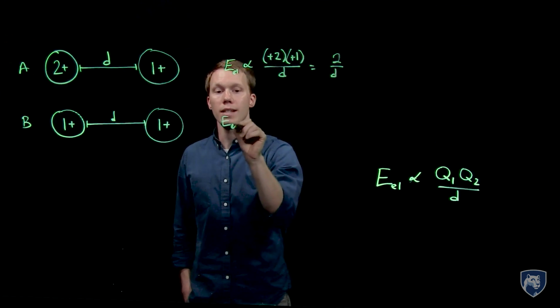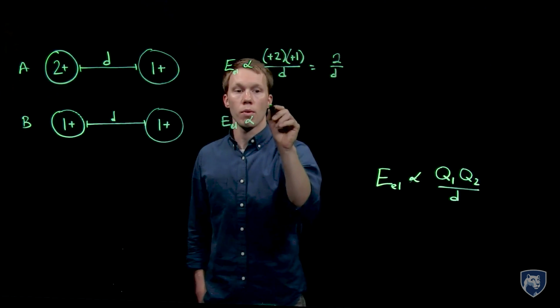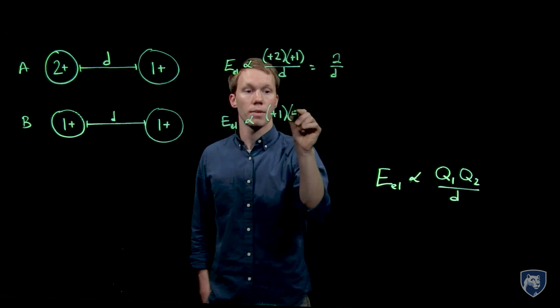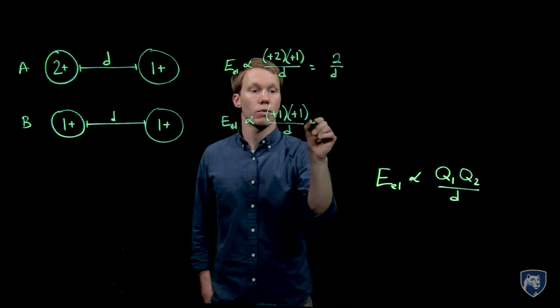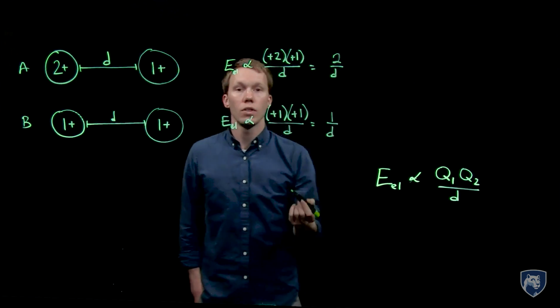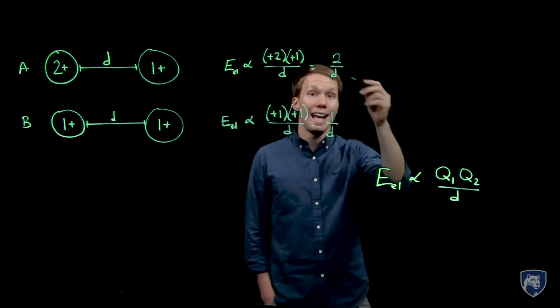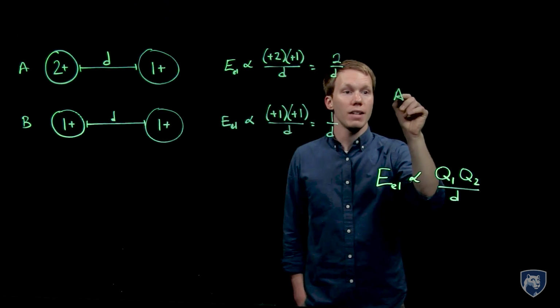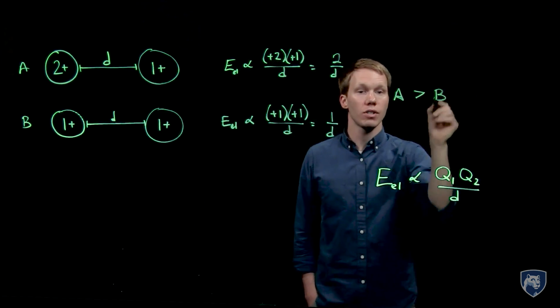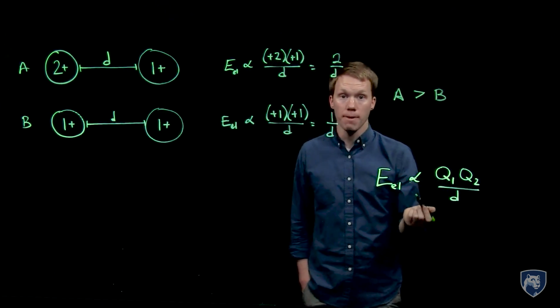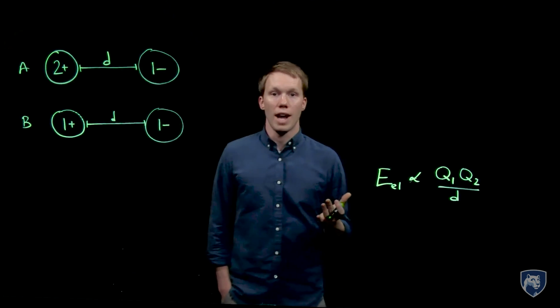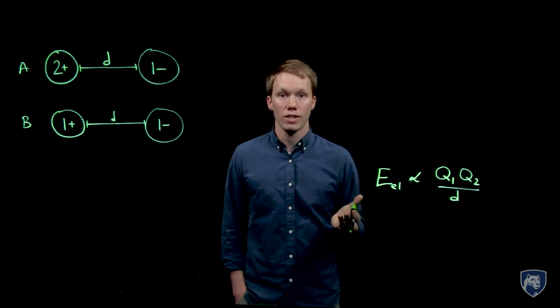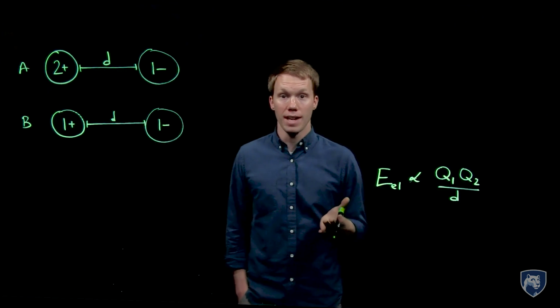In scenario B, the electrostatic potential energy would be proportional to +1 times +1 over d, which would be 1 over d. So which is larger? A is larger. So A will have a larger electrostatic potential energy than B. You give this one a try. Which will have the higher electrostatic potential energy, A or B?